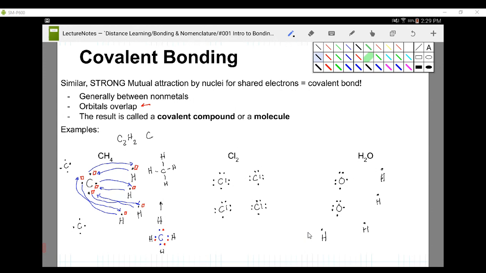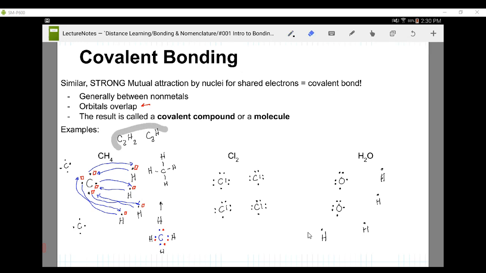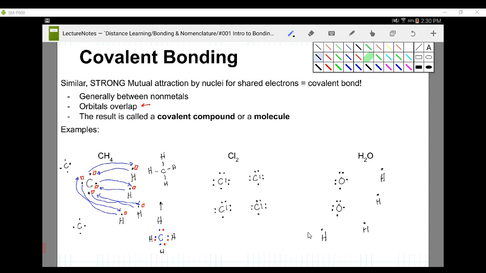We can make propane, like in your gas stove for a barbecue grill. All of those have various amounts of carbons and hydrogens because it comes down to how these different atoms pair up and bond to each other to share their electrons. This is different from ionic compounds because those formulas are based on the repeating ratio, the repeating pattern of the ions in the crystal, rather than the cohesive molecule itself.